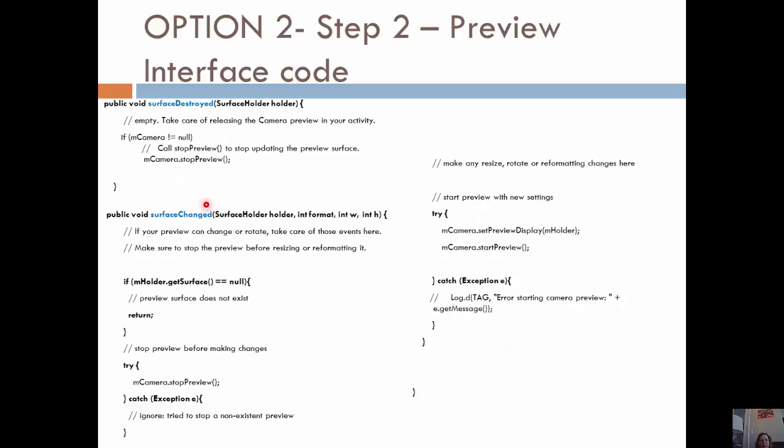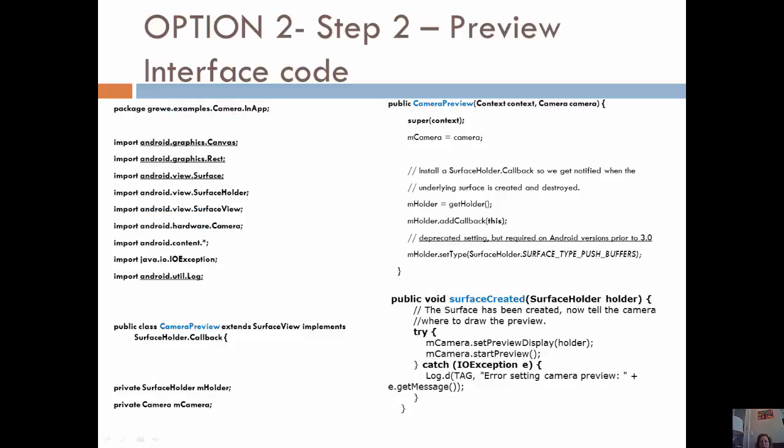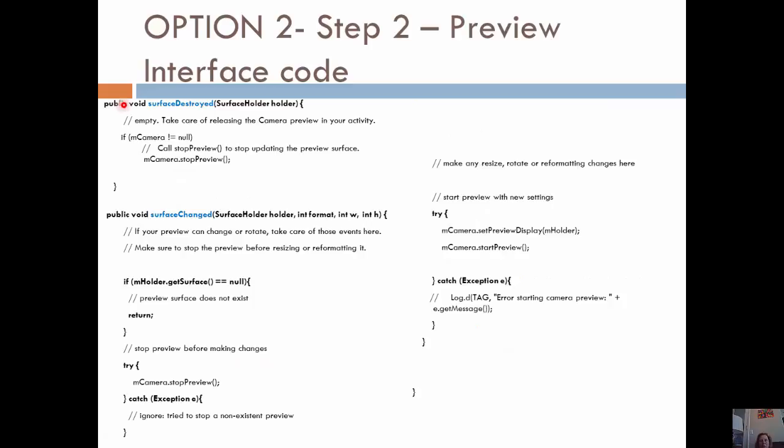Okay, if this particular camera preview, which is a view object, is going to go away, we basically have to, if the camera is not null, stop the preview, so it stops trying to update the preview surface. If the surface is changed in any way, then if the surface is null, we don't do anything.